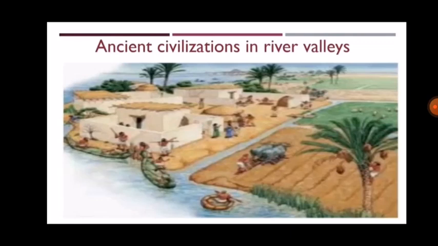Naturally, people in the New Stone Age established their village settlements on the banks of various rivers. As you can see in the picture, the people started staying close to the rivers so that they get sufficient water. The New Stone Age culture flourished along the river banks.